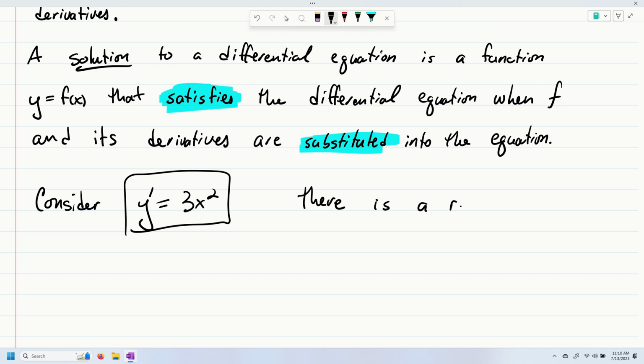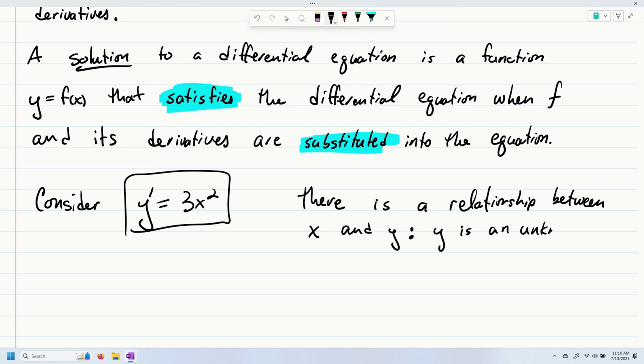There is a relationship between x and y. And y is an unknown function of x, meaning y is going to equal some function of x.